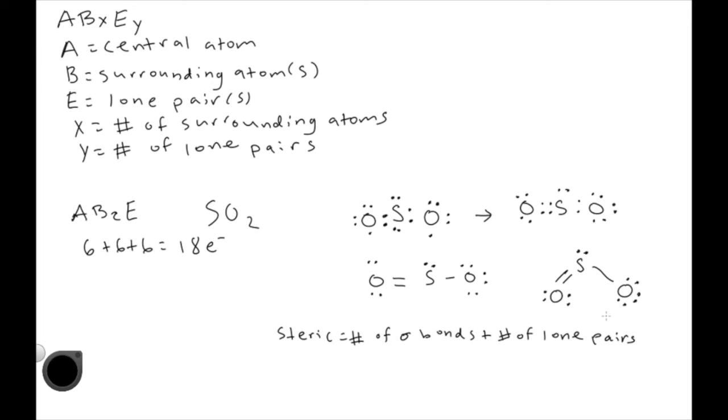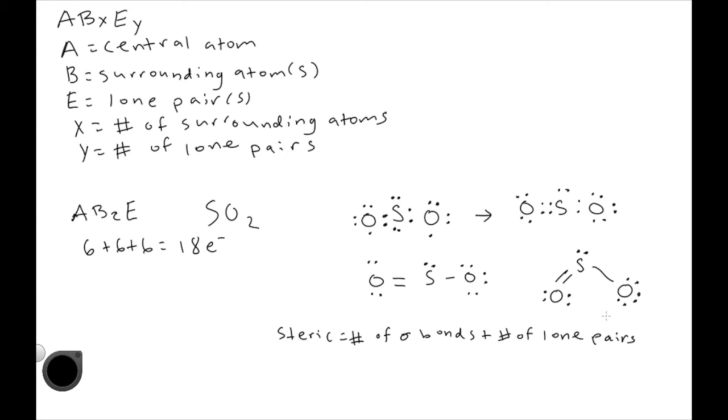However, the geometry, right, the arrangement of the atoms themselves is going to be bent, right? Think of taking a straight piece of wire and then bending it. Normally, the distance between the electron pairs would be 120 degrees. However, since the lone pair exerts a greater force of repulsion than the bonding pairs in each of the sulfur-oxygen bonds, it pushes them further away from itself and therefore closer together.